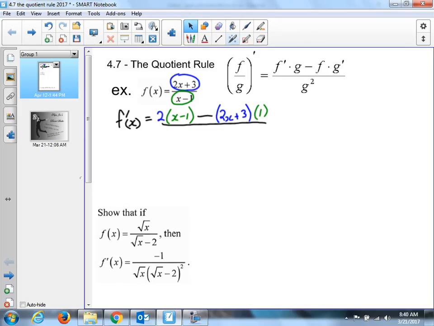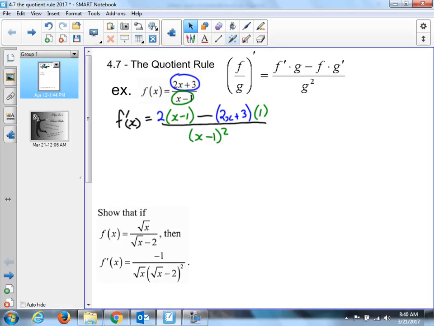So the denominator squared, x minus 1 in the square. That is, as the assignment says, show first step, do not simplify. That is the first step. Do not simplify, right? Right here.